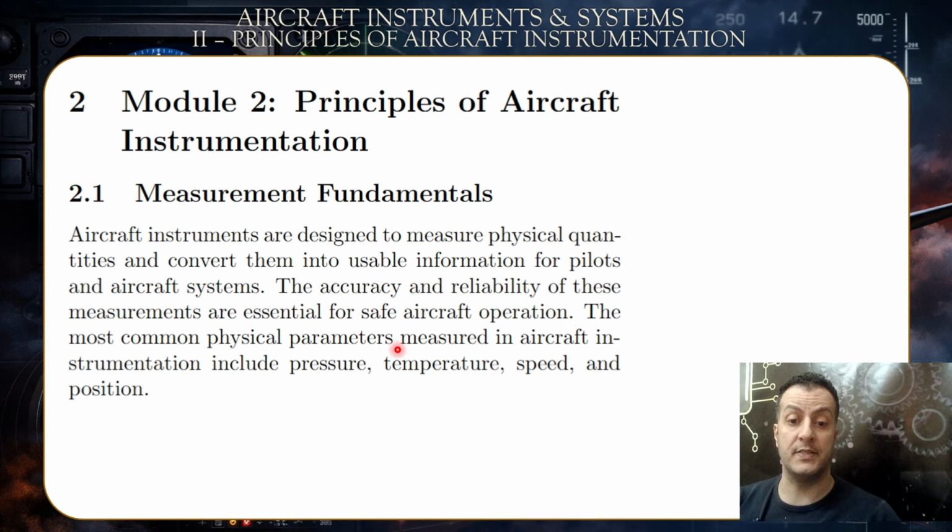The most common physical parameters measured in aircraft instrumentation include air pressure, temperature, speed, and position. By the way, through the pressure measurement in the pitot-static system, through that reading, the altimeter can actually get the value of the altitude.